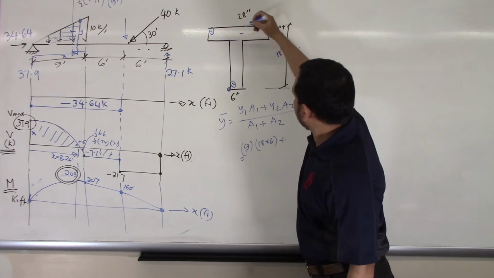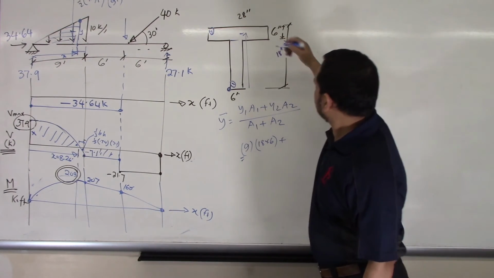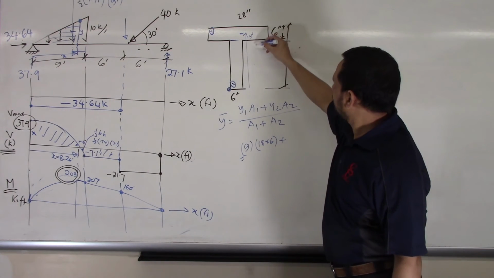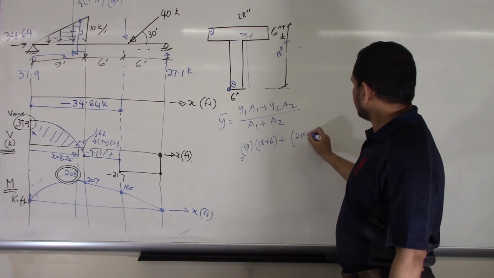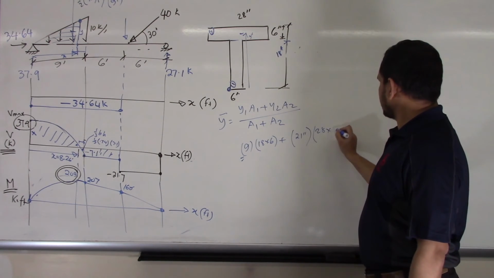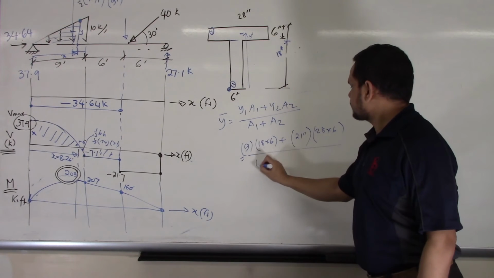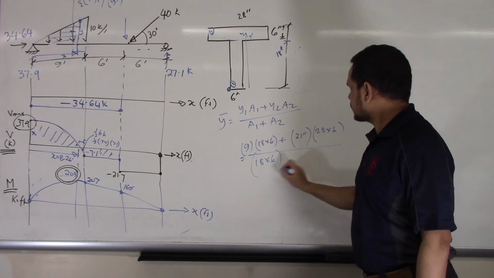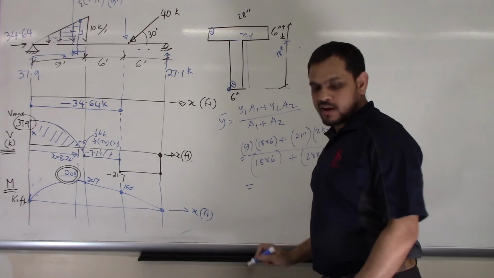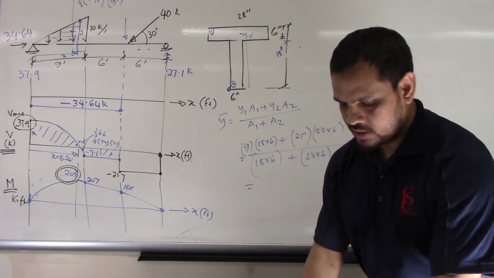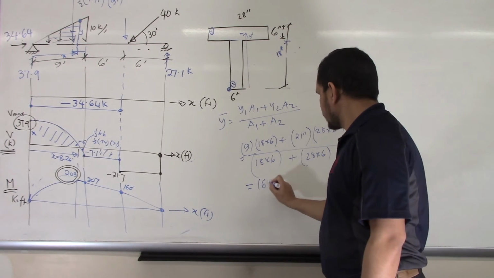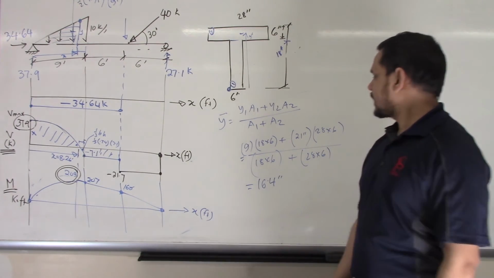Y2 is here from here. That means here is 6 up, 3 is here, 18 is here. So 21. My area is 28 times 6. And I already calculated it and I found it 16.4, if everything is right.